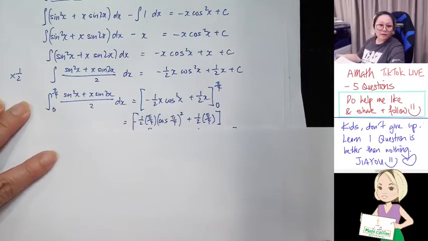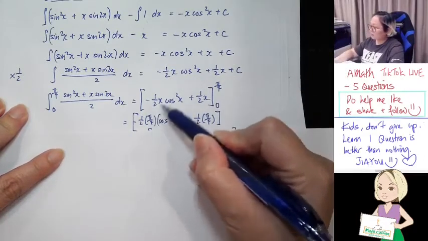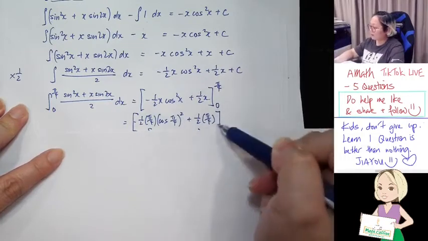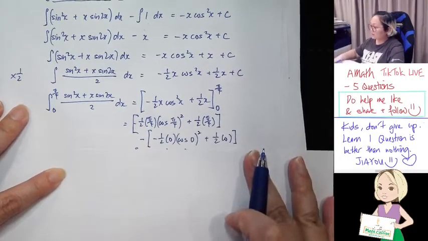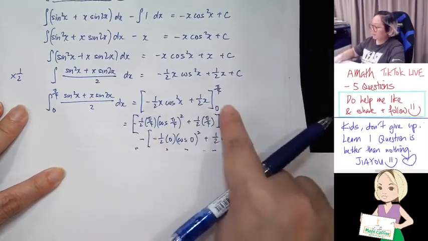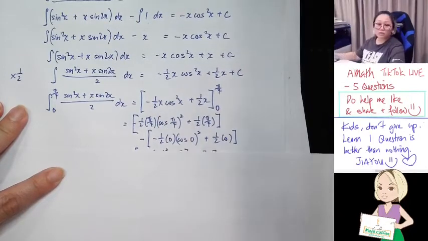I'm very kiasu, I always put in the values and then after that sub into my calculator accordingly. I will not go, wow, shortcut. So you see what I did? Minus half, the x replaced with pi over 4, cosine square pi over 4, and so on, and then half pi over 4. Then after that, minus. You always sub this in, after that, minus, sub the 0 in. Take note: sub, minus, sub 0.